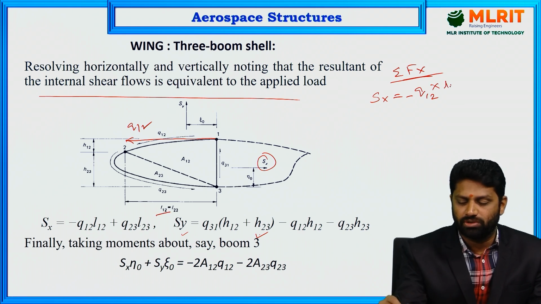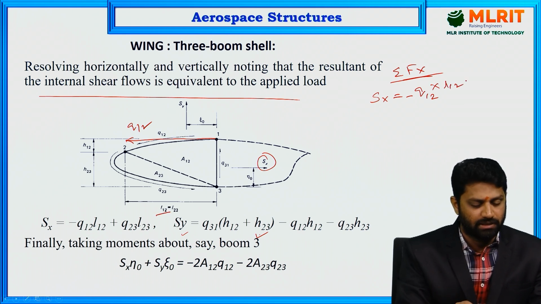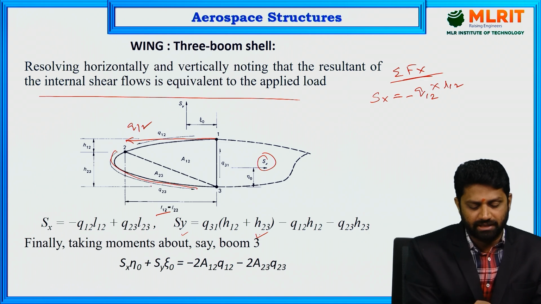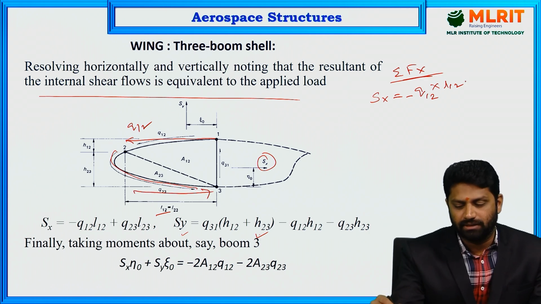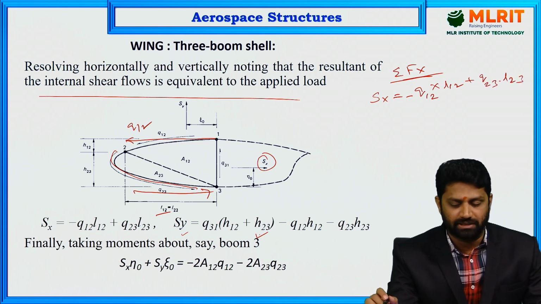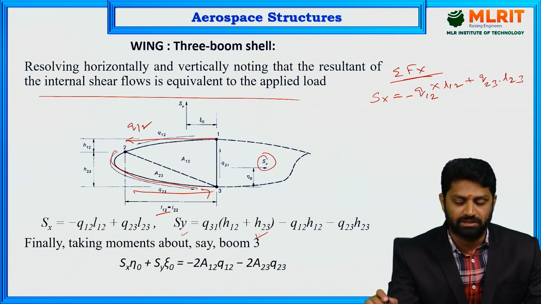So q12 into L12, that is the force equilibrium due to 1-2. And similarly for 2-3, the shear flow is like this, and you can consider it in the horizontal direction, that is q23, and its length is L23. Okay, so this is how we consider the equation of equilibrium in the horizontal direction.